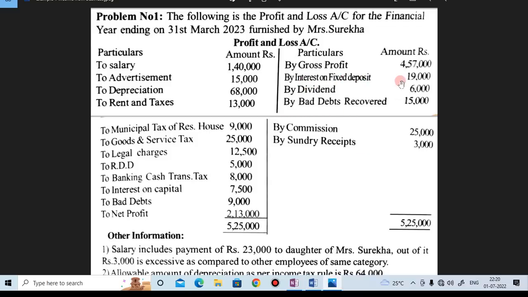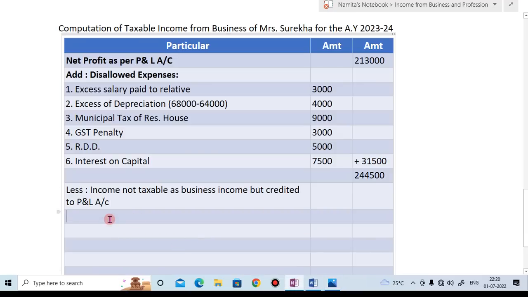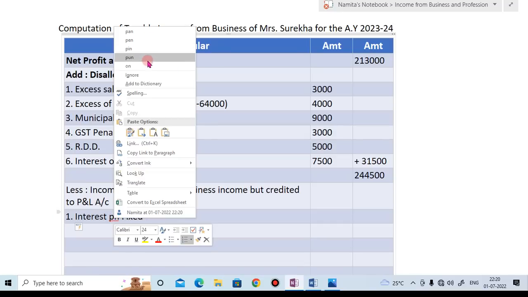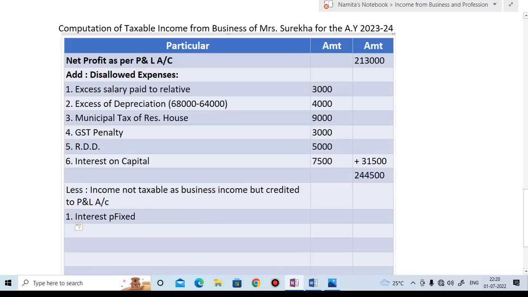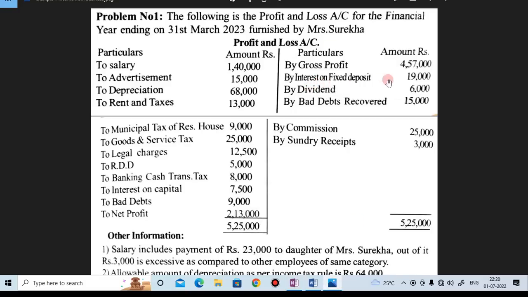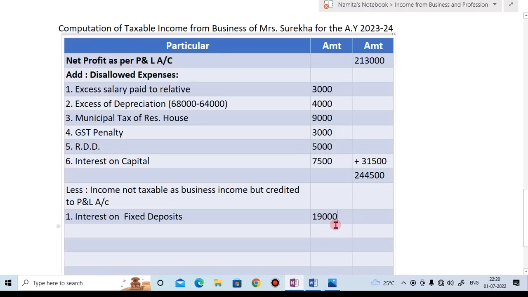In the question, interest on fixed deposit is given as 19,000. So write: less interest on fixed deposit 19,000.